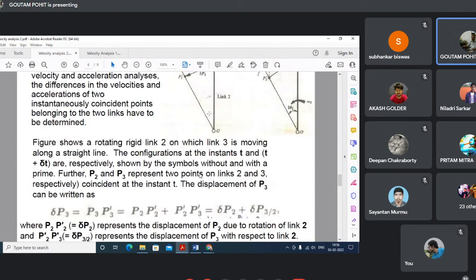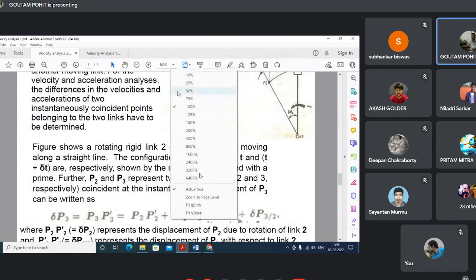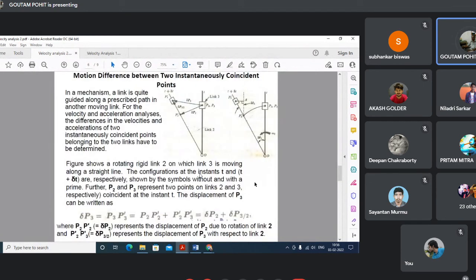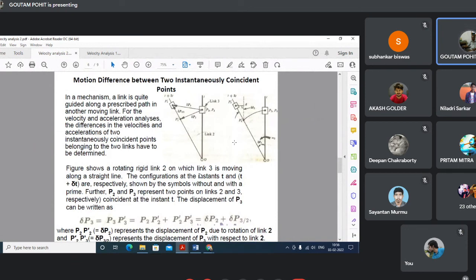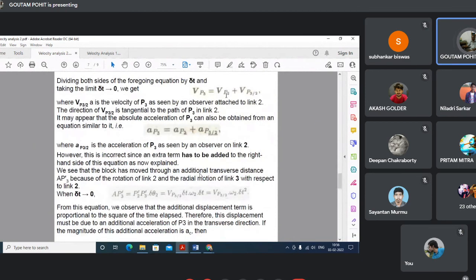Vp3 is the velocity of the point P3, which is equal to the velocity of the point P2 plus the velocity of the point P3 with respect to point 2. You already know this, where Vp32 is the vector velocity of the point P3 as seen by an observer attached to link 2. No problem?